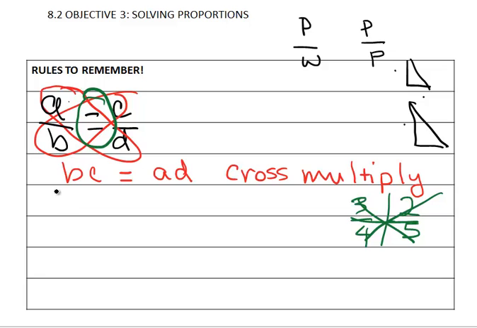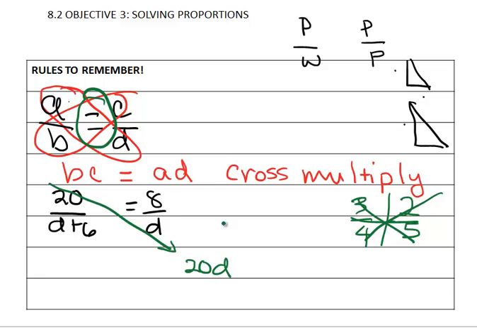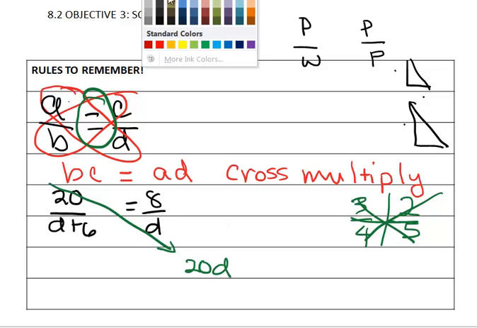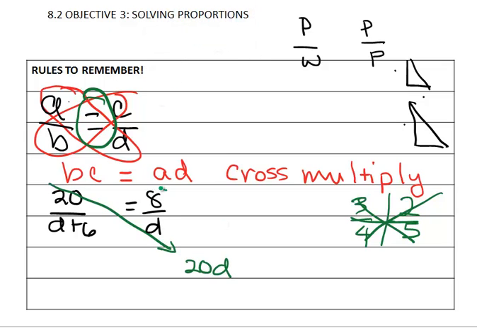So if I have 20 over D plus 6 equals 8 over D, I can cross multiply, and if I go this way, I'll have 20D, and if I go this way, I'll have 8 times D plus 6. And they're equal.